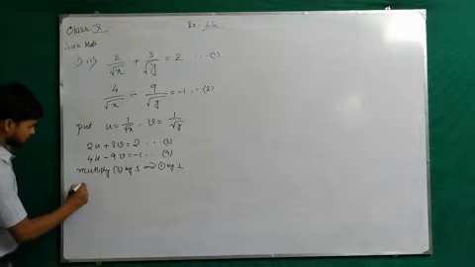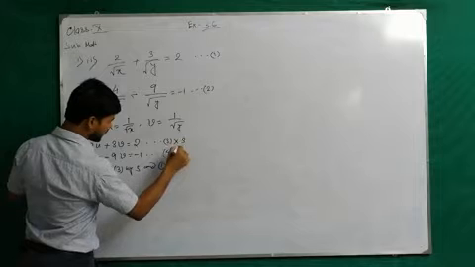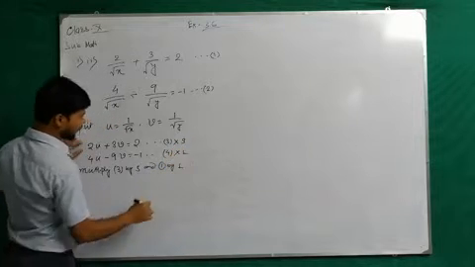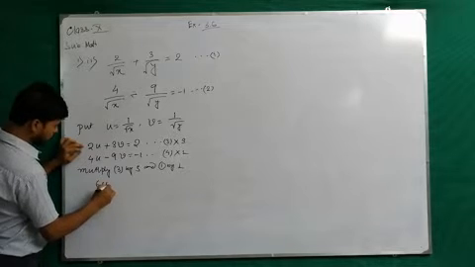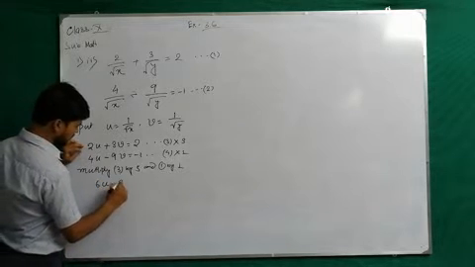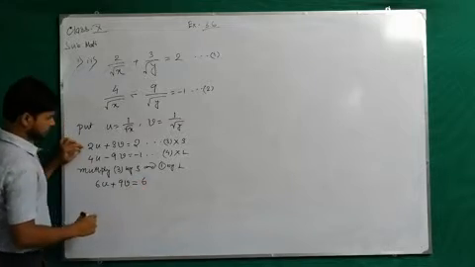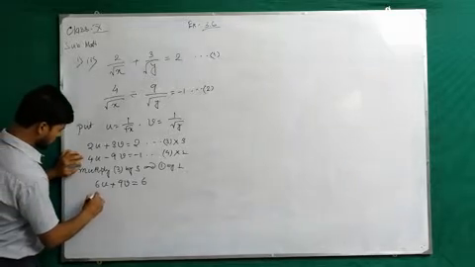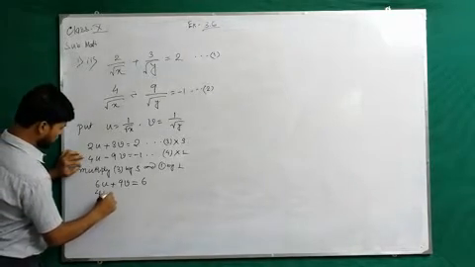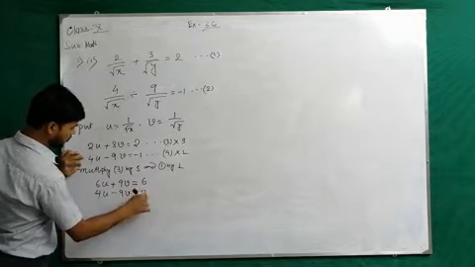If I multiply this equation by 3 and this equation by 1, then we have 2 3s are 6u plus 3 3s are 9v, that is equal to 6. And if I multiply this equation by 1, it will be 4u minus 9v is equal to minus 1.